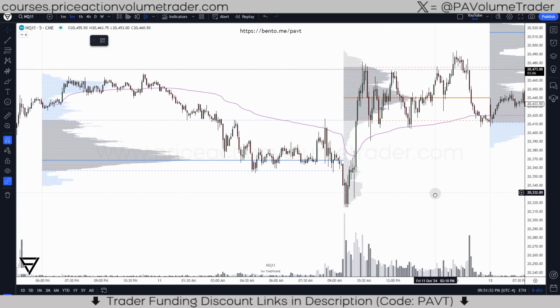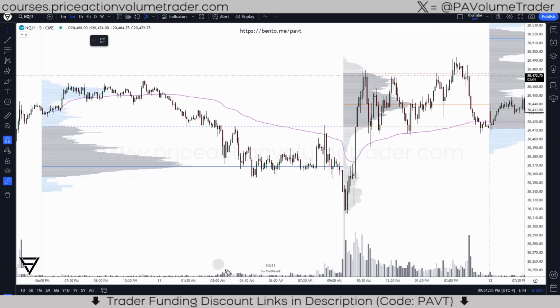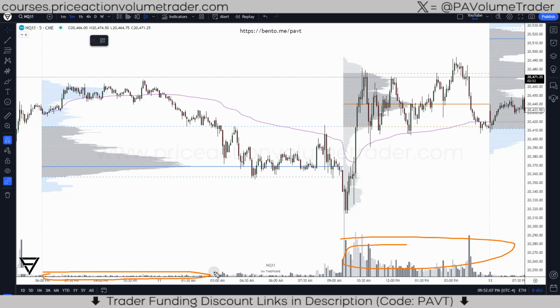If I put the volume indicator here, you can see how the volume on regular trading hours is so much higher. All during the Asia session, it is very, very low. It increases slightly at 3 a.m. Eastern time when Europe, London opens, but then at 9:30 is when it really shoots up.